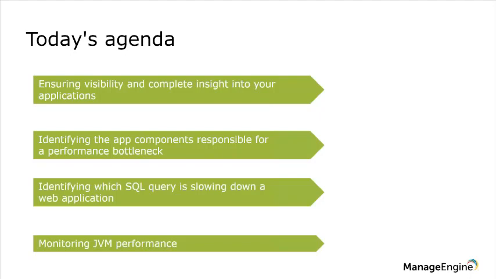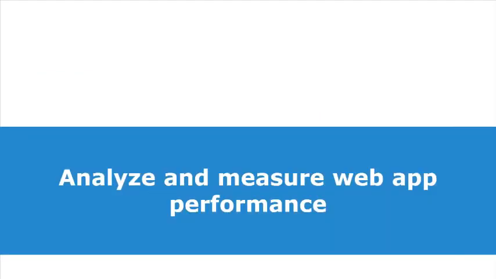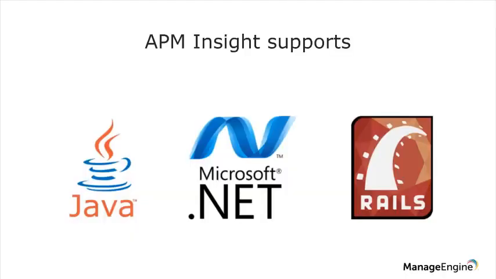So let us quickly begin with the first topic on today's agenda, that is to analyze and measure the performance of your web applications. Applications Manager facilitates this with the help of the APM Insight module, and this requires an agent to be downloaded and installed in your machine so as to collect and push this data into Applications Manager.